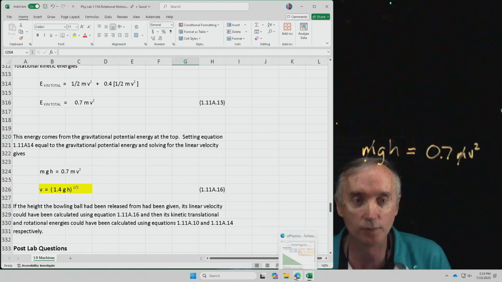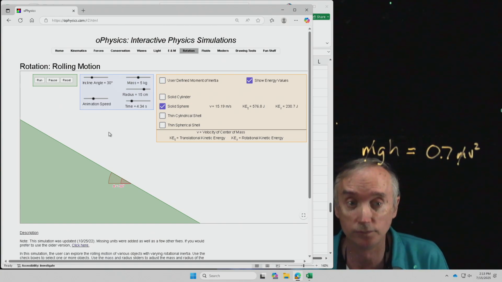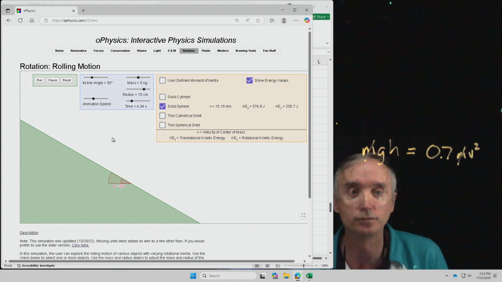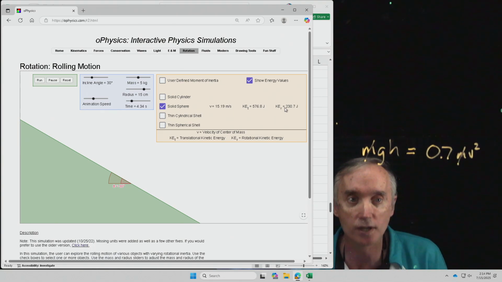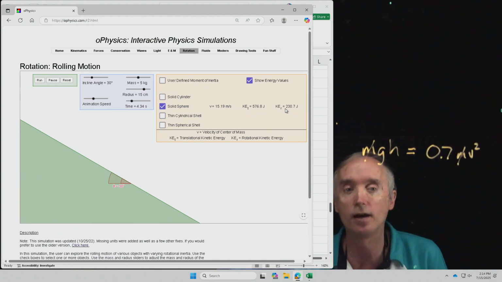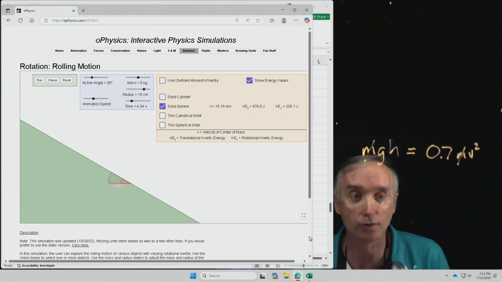Because if you look at the simulation, I don't see it. It doesn't say on the simulation how high the bowling ball was released from. But we could calculate it now. And then we could also calculate these two numbers. This one's the translational, and this one's the rotational one. We could calculate those two energies and verify that they were correct.